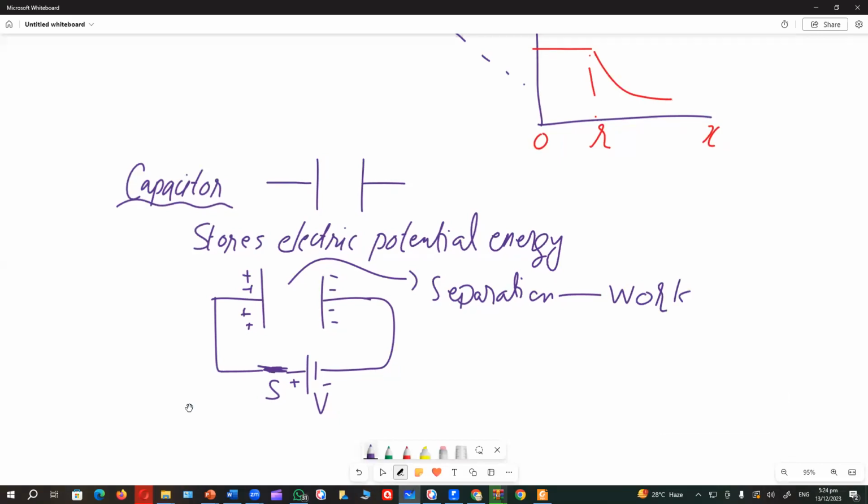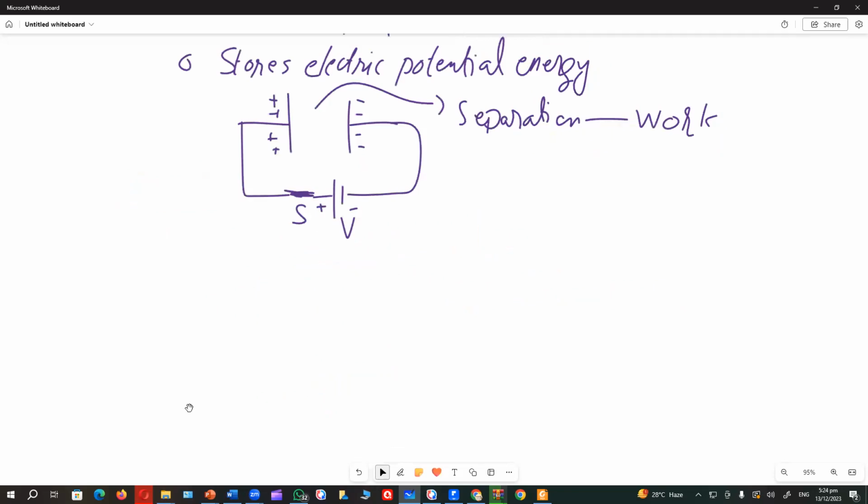This work done is stored in the capacitor as electric potential energy. This is the main purpose of a capacitor. So capacitors are designed to store electrical energy, and this is for keeping the charges separate from each other.